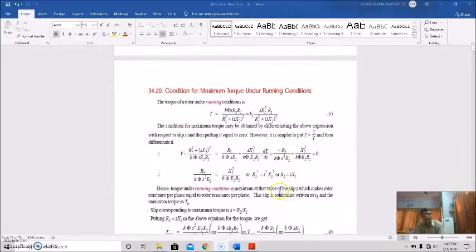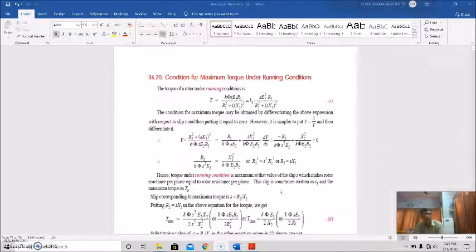Now we have to find out the condition for maximum torque under running conditions. For the torque of a rotor under running condition, we got this expression: torque equal to K1 E2 square R2 by R2 square plus S square X2 square. The condition for maximum torque may be obtained by differentiating this expression with respect to the slip S and then putting it equal to 0.